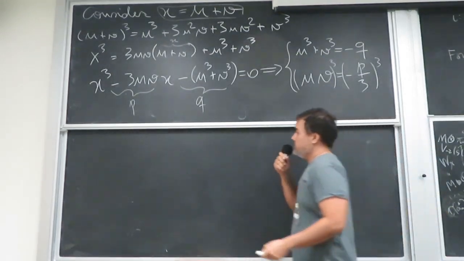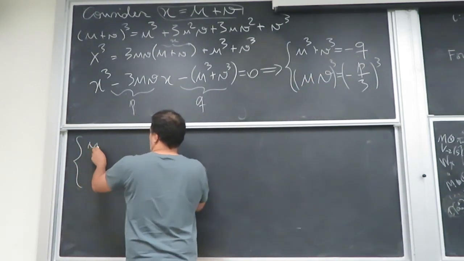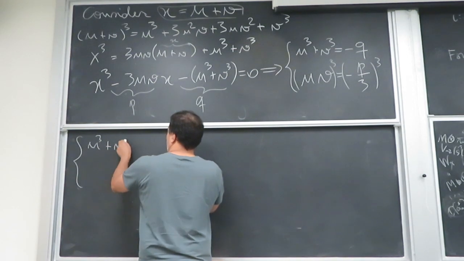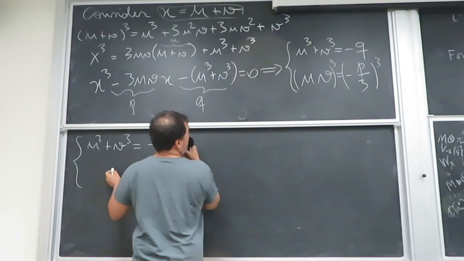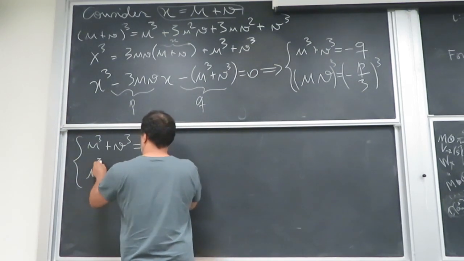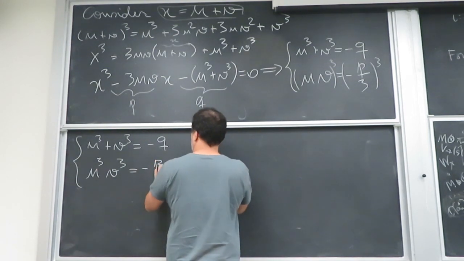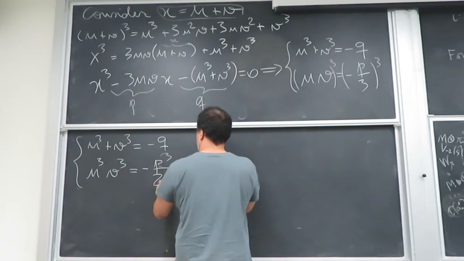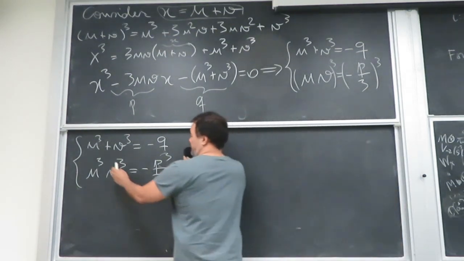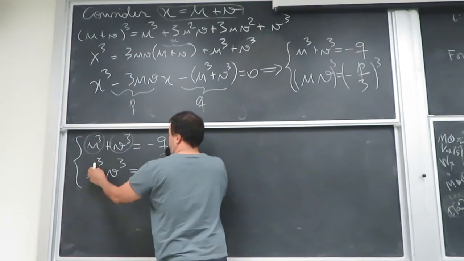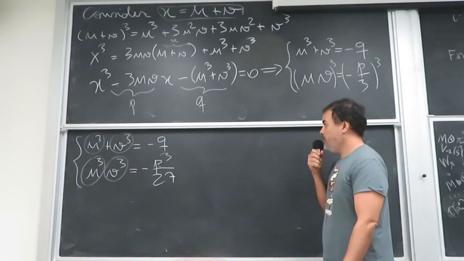So when we take the third power of this, we get that u cubed plus v cubed equals minus q, and u cubed v cubed is minus p cubed over 27, right? So we know the sum and the product of these two guys, right?